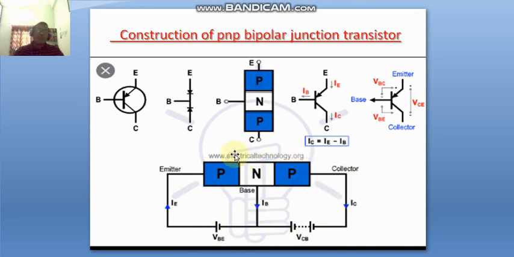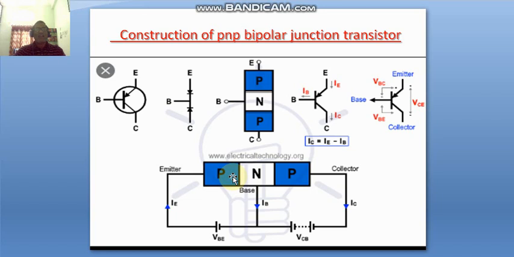Coming to the working of this PNP transistor, when the battery is switched on, in the P-type semiconductor, holes are the majority charge carriers and electrons are the minority charge carriers in this emitter region.